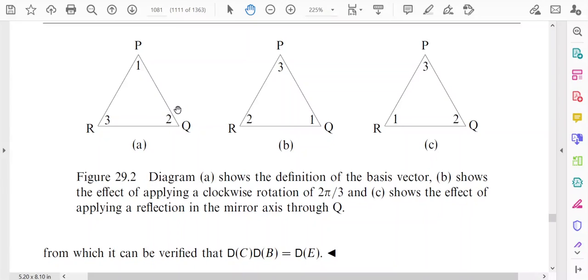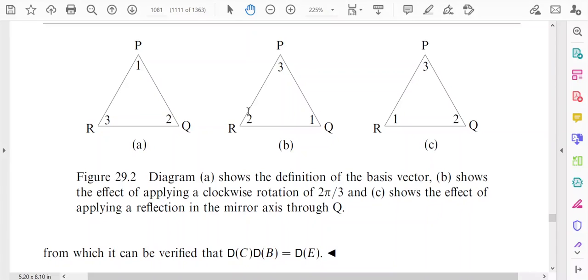Now suppose we consider a particular symmetry operation, which is a clockwise rotation of 2 pi by 3. 2 pi by 3 means 120 degrees, clockwise. If you rotate the triangle clockwise by 120 degrees, what will happen?